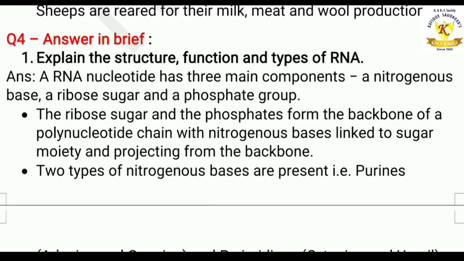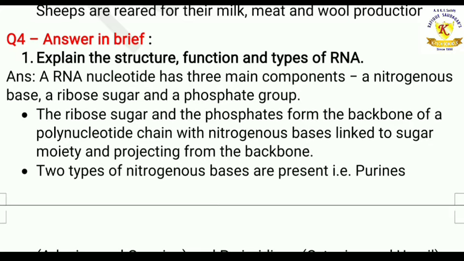Question number 4. Answer in brief. Explain the structure, function and types of RNA. Answer. An RNA nucleotide has 3 main components: a nitrogenous base, a ribose sugar and a phosphate group.